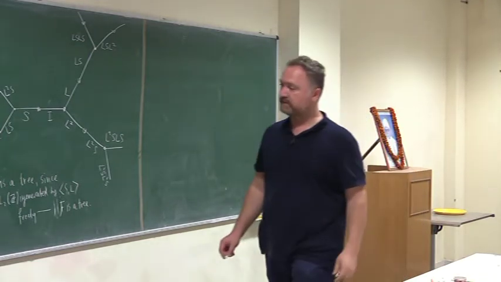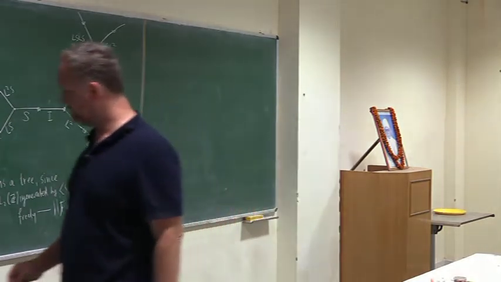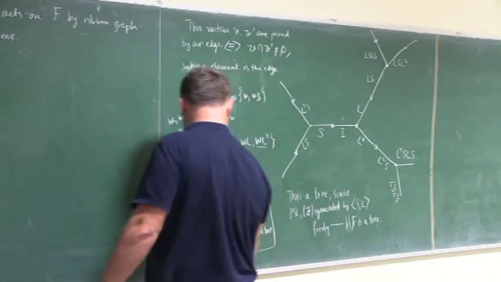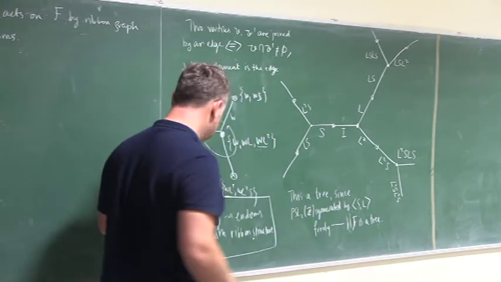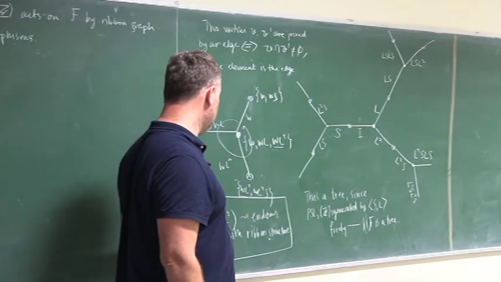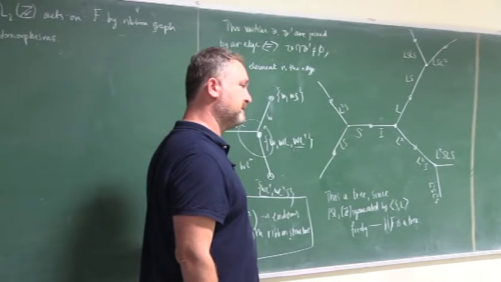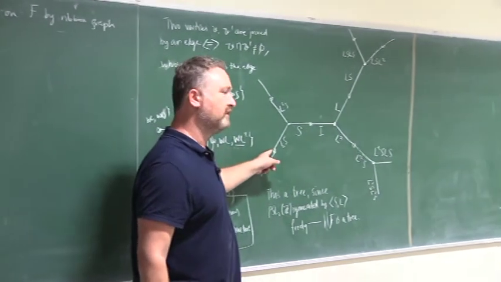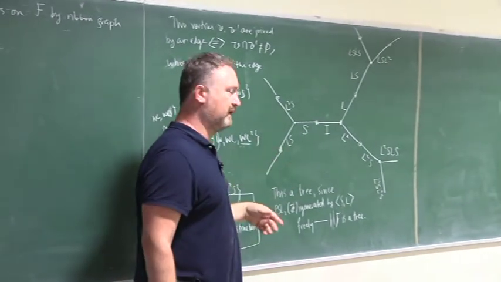So ribbon structure is just this: a cyclic ordering of every set of edges emanating from a vertex. Since these vertices are of degree 2, it doesn't matter which ordering I give.